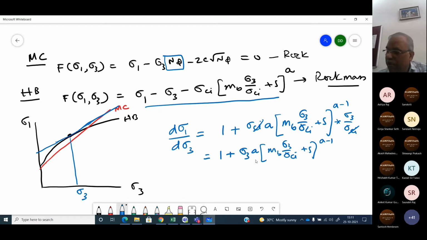So this is the slope of this blue line, that tangent, and this must be equal to n phi. Oh sorry, there is no sigma 3.